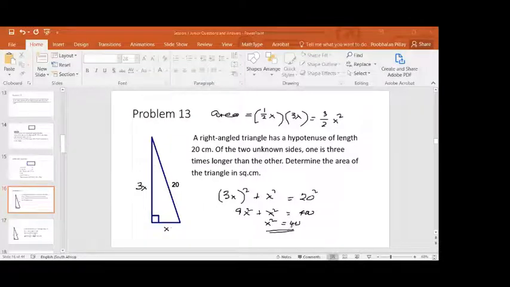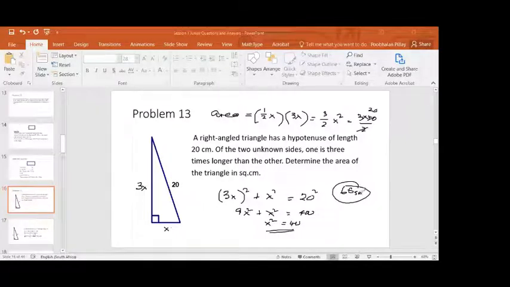And we know what x squared is. It's 40. So this is just 3 over 2 times 40. I don't multiply, I cancel. 2 goes into 40 20 times, and 3 times 20 is 60. So that's the answer, 60 square centimeters.